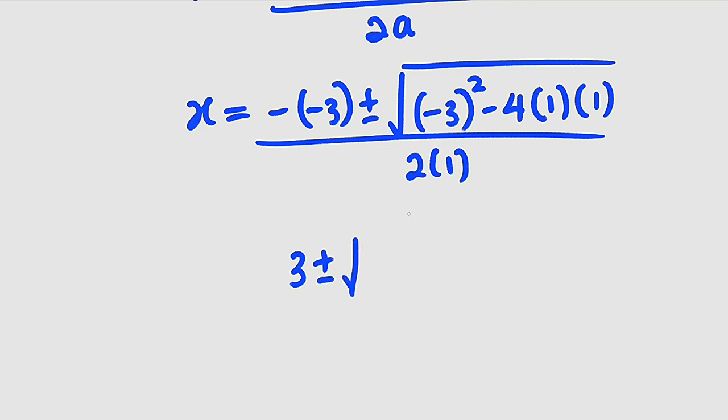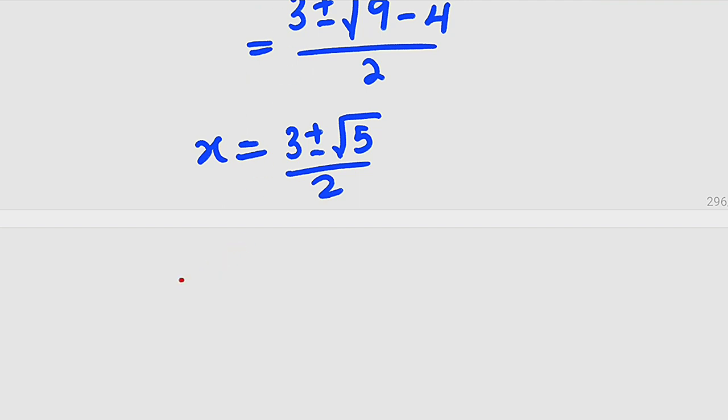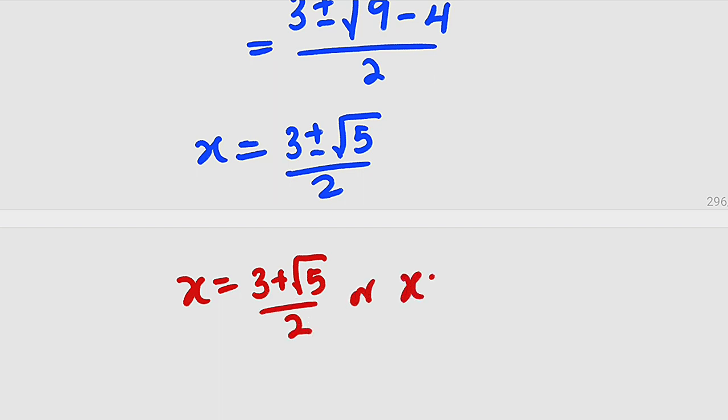Negative 3 squared is 9, minus 4 times 1 is 4, divided by 2. Under the square root, we have 9 minus 4, which is 5, and hence our final answer is 3 plus or minus the square root of 5 divided by 2. So these are the values of x: either x equals 3 plus root 5 divided by 2, or x equals 3 minus root 5 divided by 2.